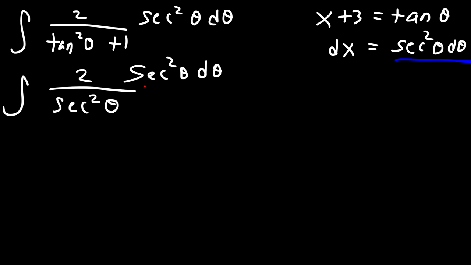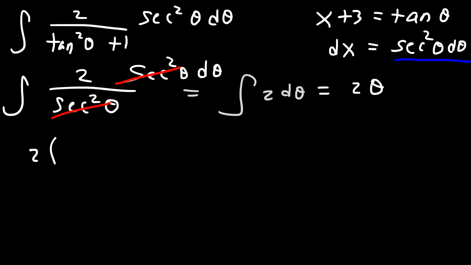So now we can cancel these two expressions. And so this is going to give us the integral of 2 d theta, which is 2 theta. Now, if x plus 3 is equal to tan theta, theta is arctan of x plus 3. So we're going to have 2 times arctangent x plus 3.